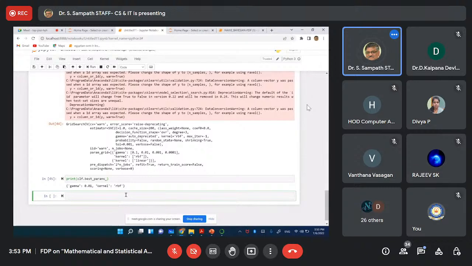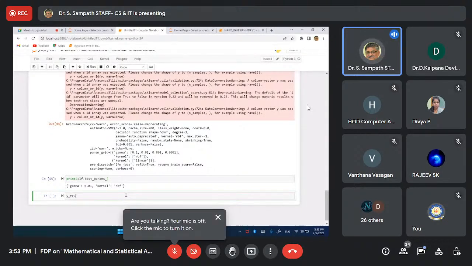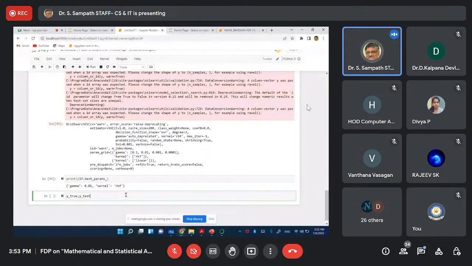The classification report you can get just by calling y_true comma y_pred. The true value is whatever you have in the test set, y_test, comma, clf.predict of X_test. I hope you can understand.